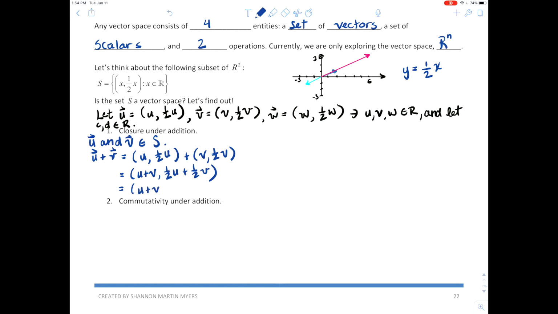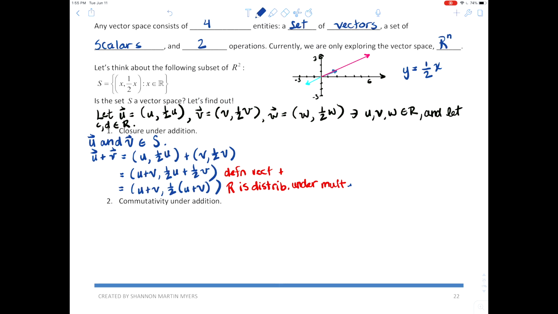Beautiful. u plus v, comma, 1/2 times the quantity u plus v, because the real numbers are distributive under multiplication, right? So this one was by definition of vector addition. This is because the set of real numbers is distributive under multiplication.